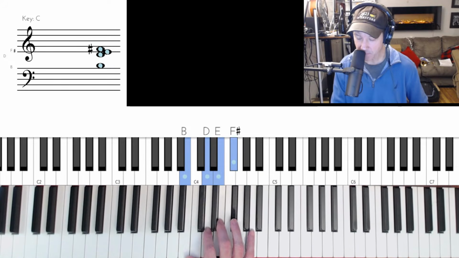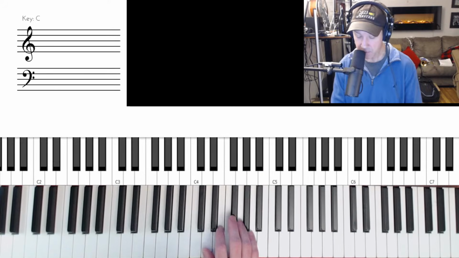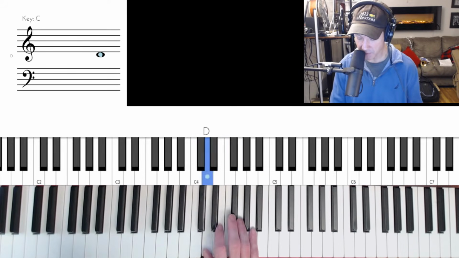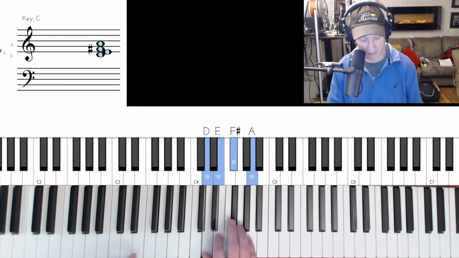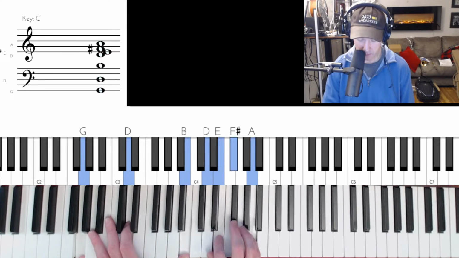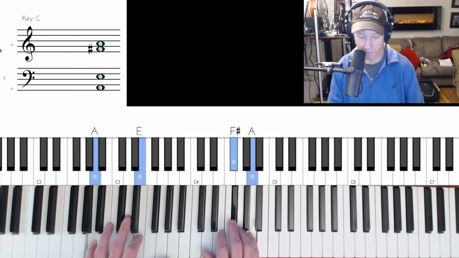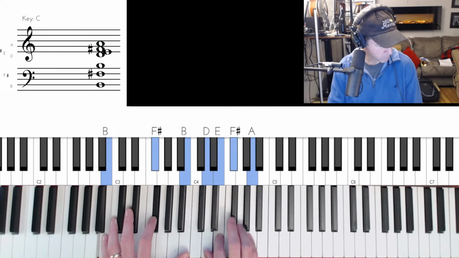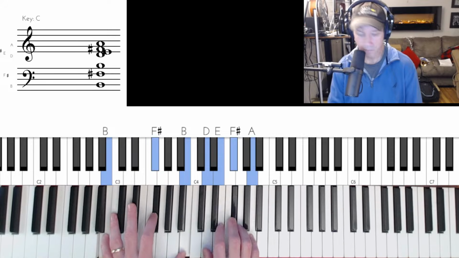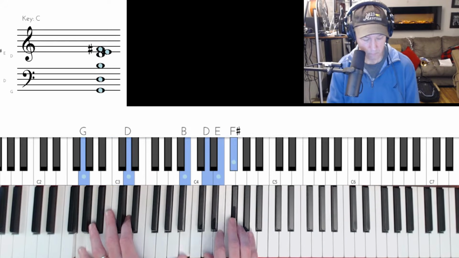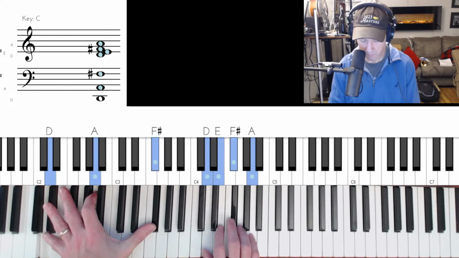Thinking of the pentatonic scale, and in addition to going up and practicing 4-note cells, if you did the next one, you have this inversion, and you go up here, that's a great one. 1, 2, 3, 5 of the major scale. And you could do the same thing. Yeah, put those two together.